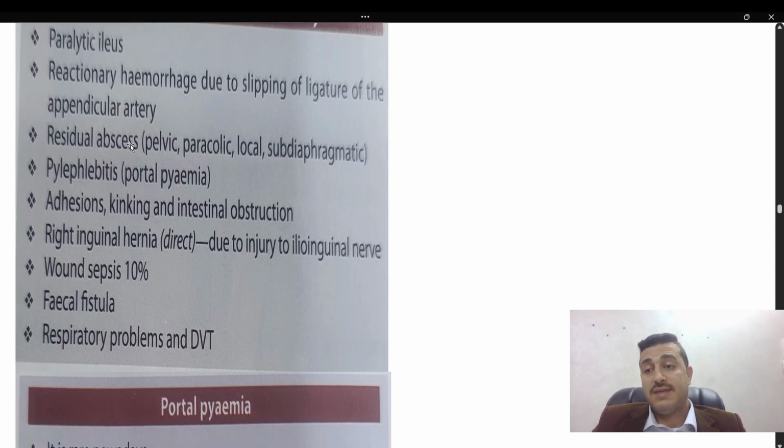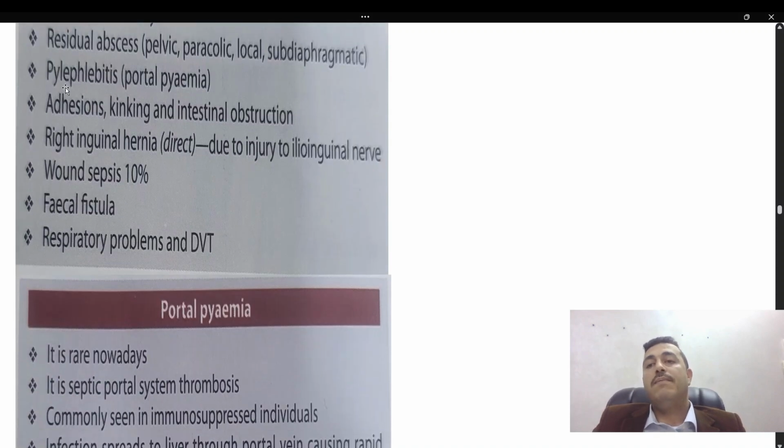Residual abscesses can be found. Pylephlebitis, portal pyemia, we already discussed, when the infection travels along the portal vein and reaches the liver and can develop into liver abscesses. Adhesion as a late complication. Inguinal hernia due to injury to the ilioinguinal nerve.